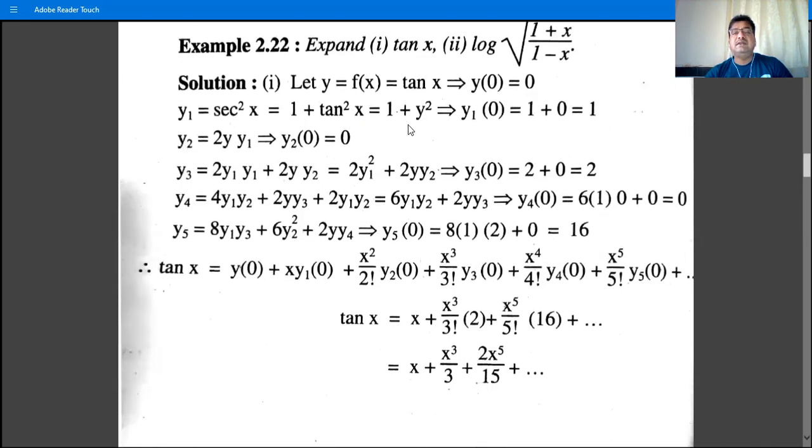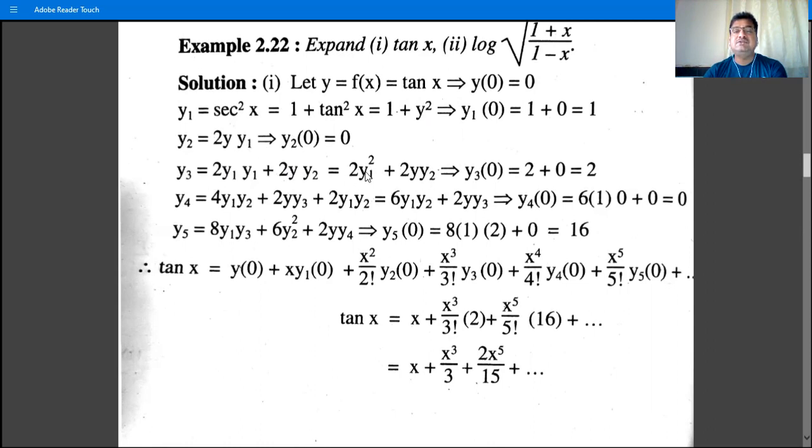Then y3 is what? The derivative of this: 2 is constant, and then y y1, that is the derivative of u v as it is, plus 2 y2, that is the u into v rule. So there is 2 y1 square plus 2 y y2, and then substitute x at 0.